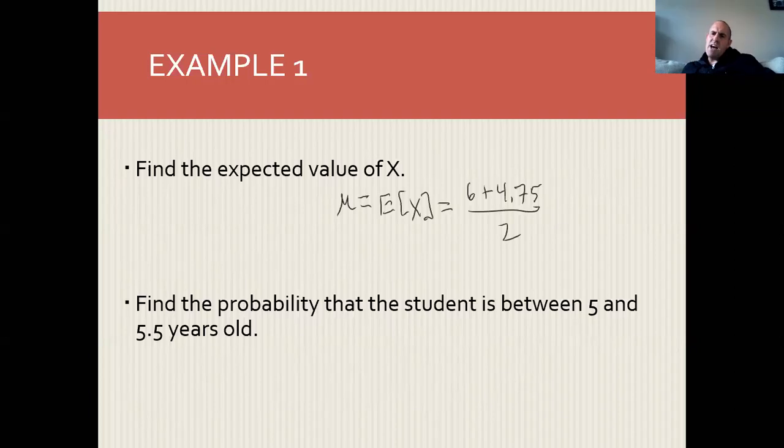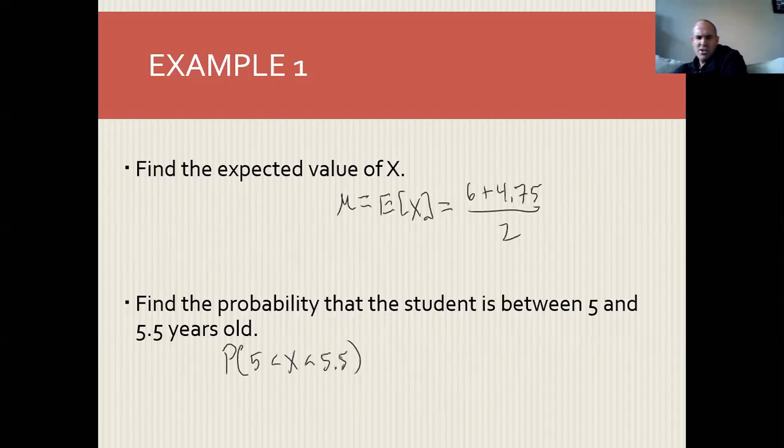Well, 5 and 5.5 is an interval that lies completely inside of the 4.75 to 6 range. So the probability that 5 is less than X is less than 5.5.